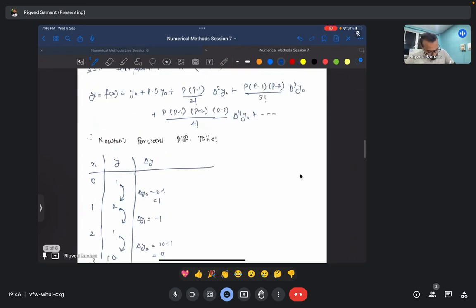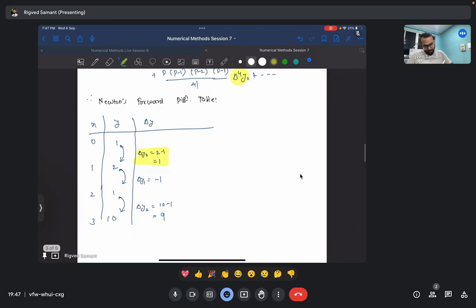But if you see, we are only concerned with delta y naught, delta square y naught, delta cube y naught, delta raised to 4 y naught. So basically the other values are of no use to us.